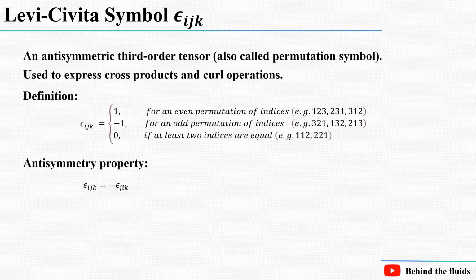This antisymmetry property is crucial for simplifying expressions. For example, the cross product of two vectors a and b can be elegantly written using the Levi-Civita symbol as c_i equals epsilon_ijk a_j b_k.